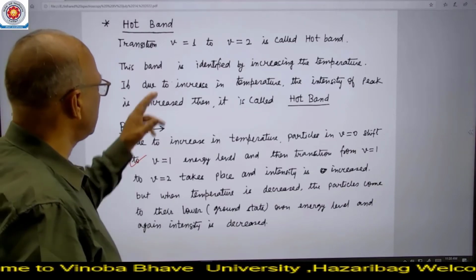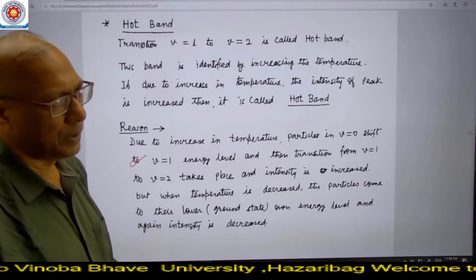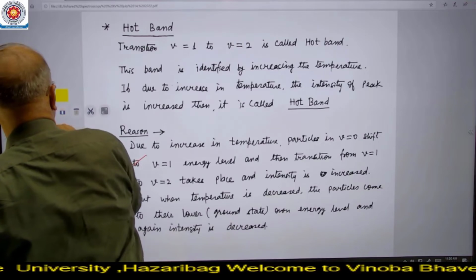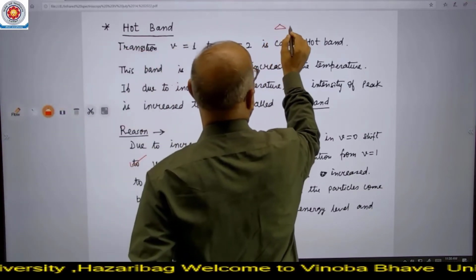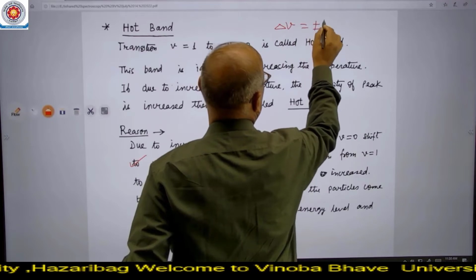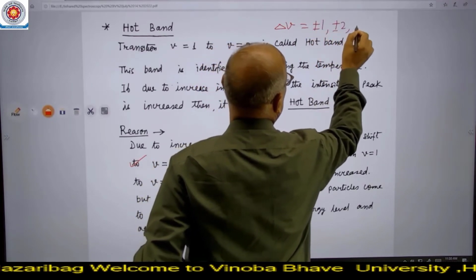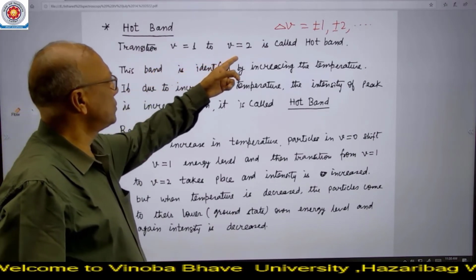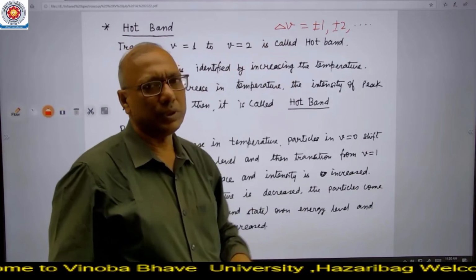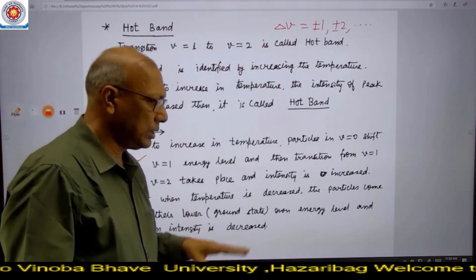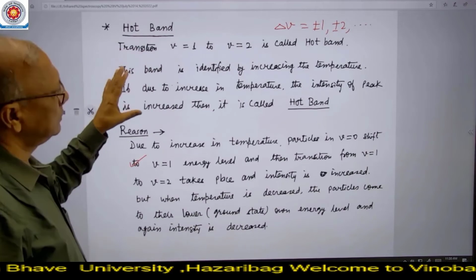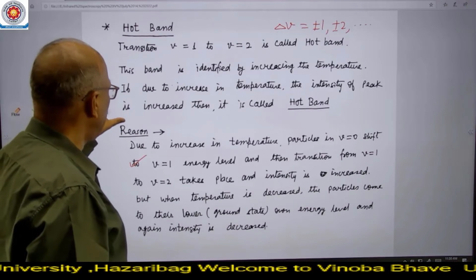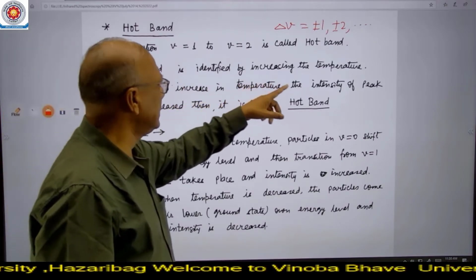This is also an allowed transition because our selection rule is delta V equal to plus or minus 1, plus or minus 2, etc. So when we take the V equal to 1 to V equal to 2 transition, it is also according to the selection rule, so it is also called an allowed transition, and this transition is named the hot band, and it is identified by increasing the temperature.